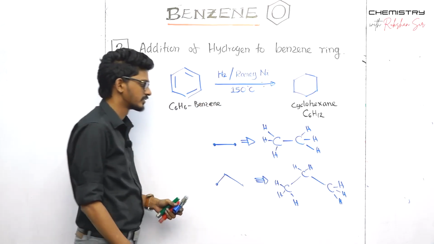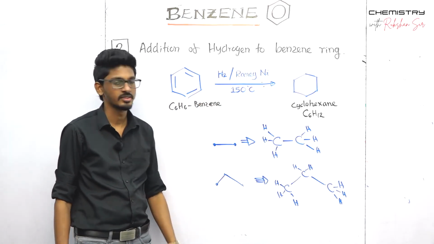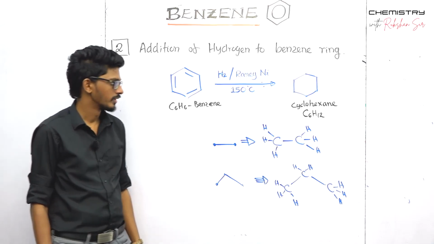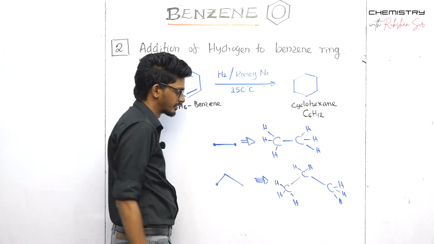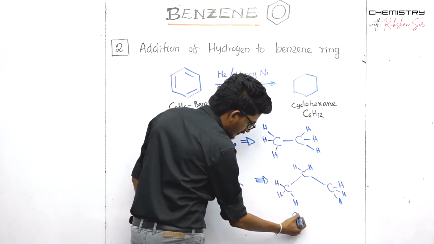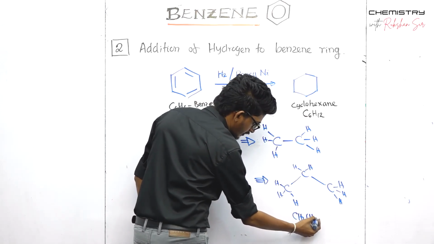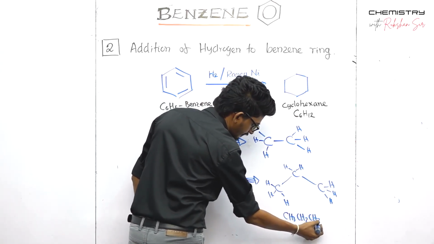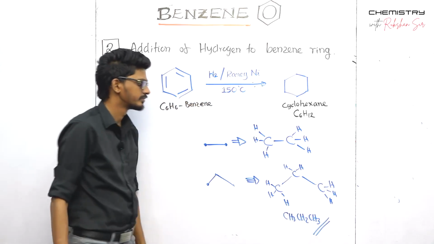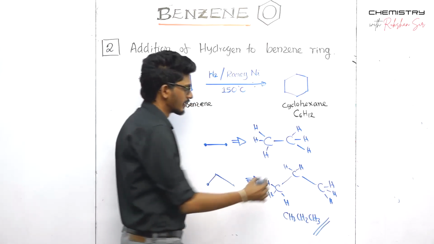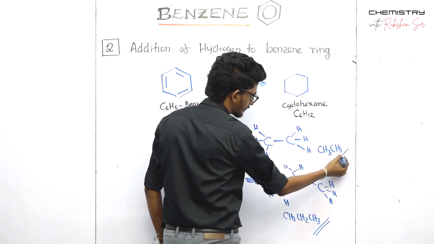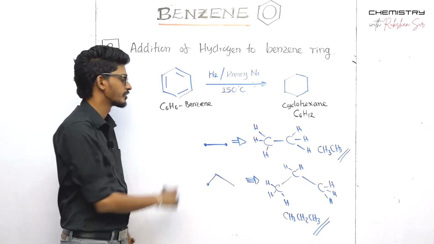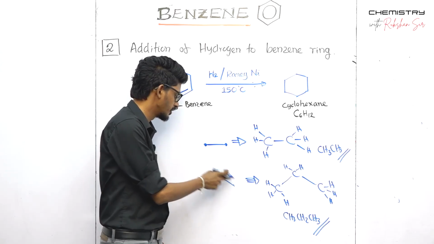That is referred to as line structure formulas. So with the use of that convention, they have written the cyclohexane. This can be easily written as CH3, CH2, CH3.